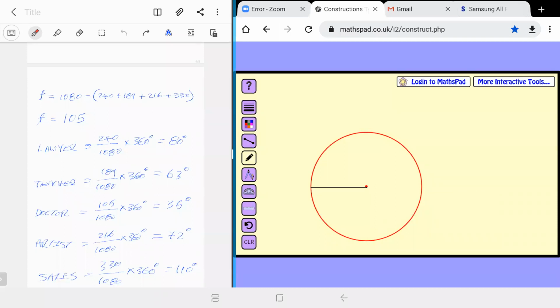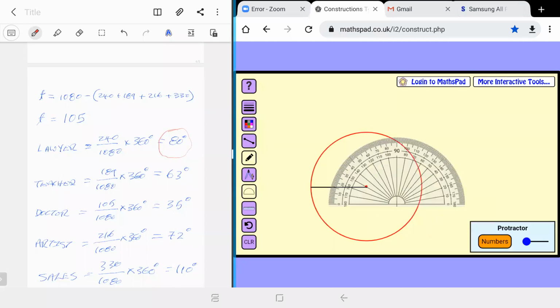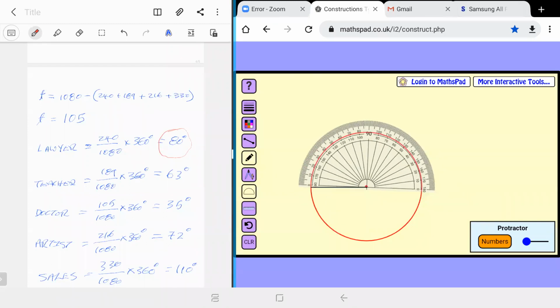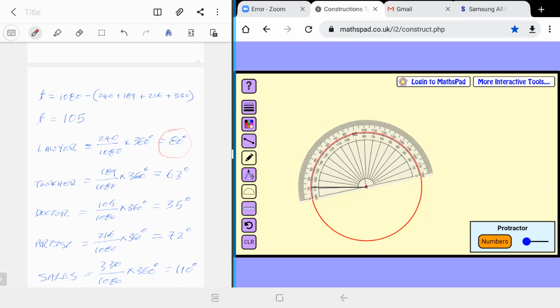All right. So now I need 80 degrees. Pay attention now. I need 80 degrees. I'll bring up my protractor. You have to position the eye of the protractor right on the point, right there at the center. And then remember you can rotate it. You have to make sure that the line passes through 0.